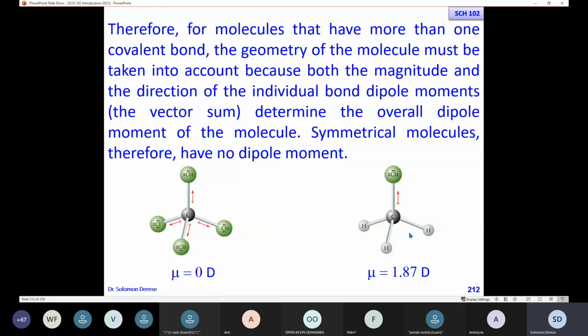What I want you to concentrate on is the horizontal components. Are the horizontal components of the bond moment reinforcing each other or canceling each other? They are reinforcing each other. Reinforcing or canceling? The horizontal ones.